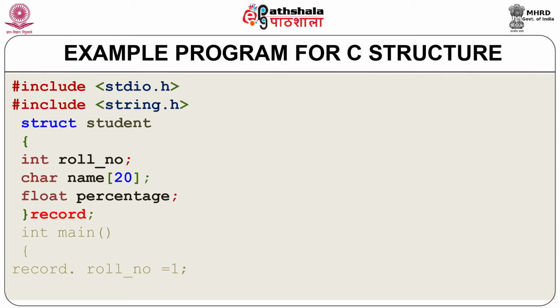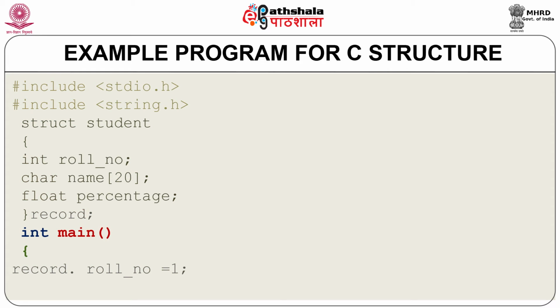You can see in this program there are various fields like roll number, name, percentage, and the structure name is student. After the body of the structure you will find one keyword, that is record. There is a main function used after this. The main function starts here.